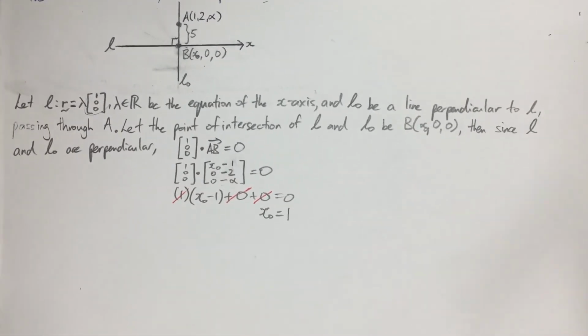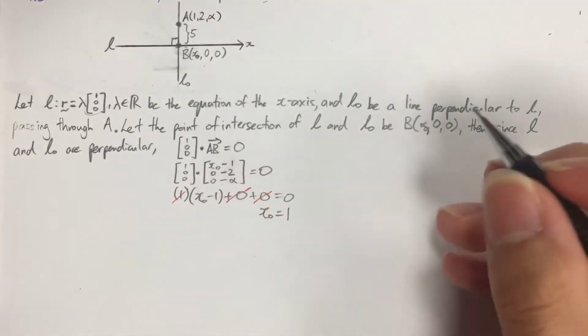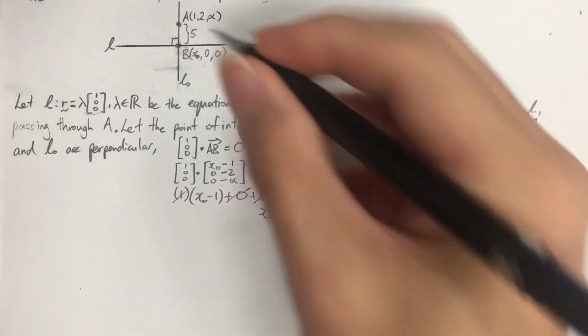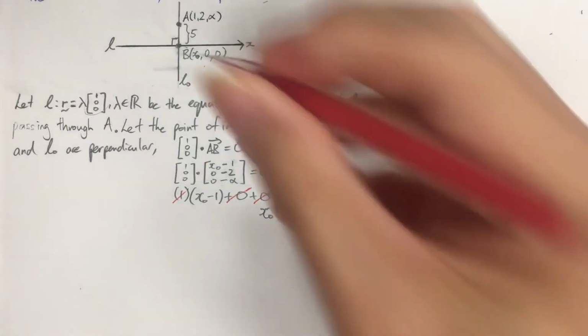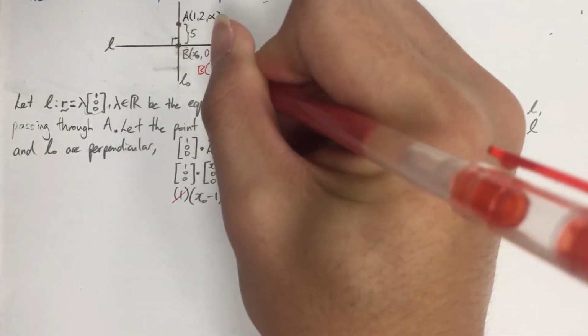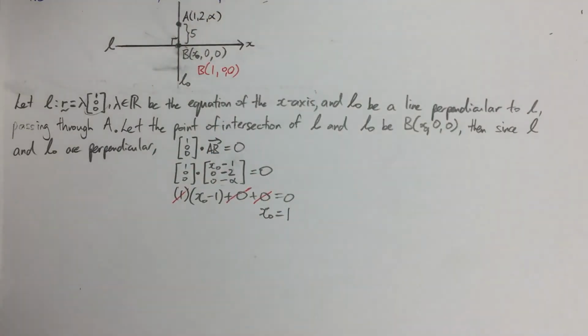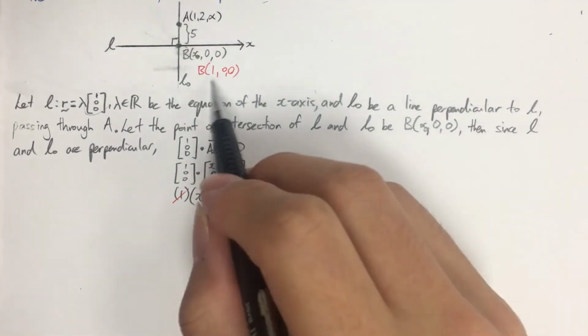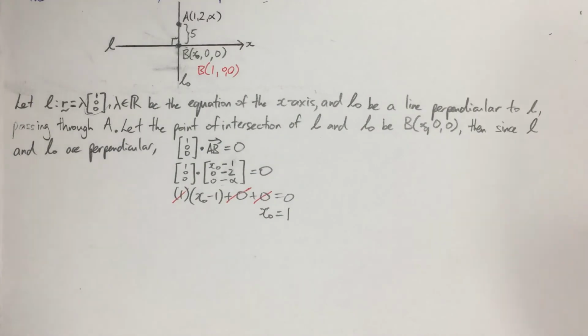And with that, we can move on to solving for alpha. Now that we know x0 is 1, B is just (1, 0, 0). This is the new thing that we found.